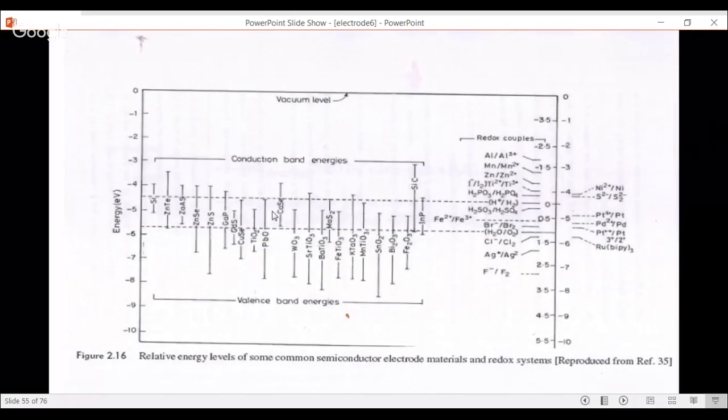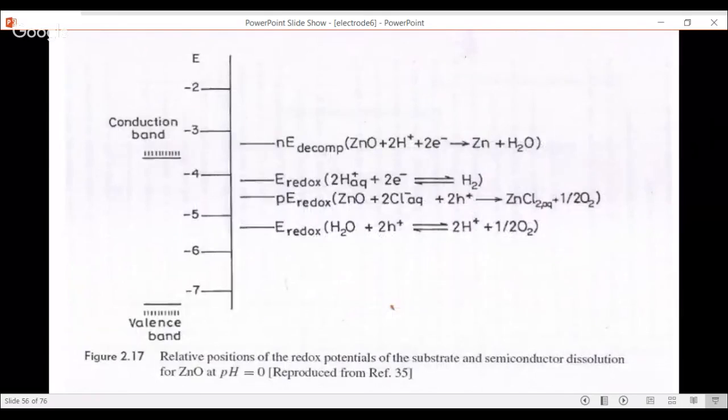It is not enough to look at the conduction band edge being more negative with respect to hydrogen evolution potential, and the valence band top being more positive with respect to oxygen evolution potential. We should also see whether the constituent ions can undergo reduction or oxidation. Then that reaction will be predominant. This is what is called photocorrosion.